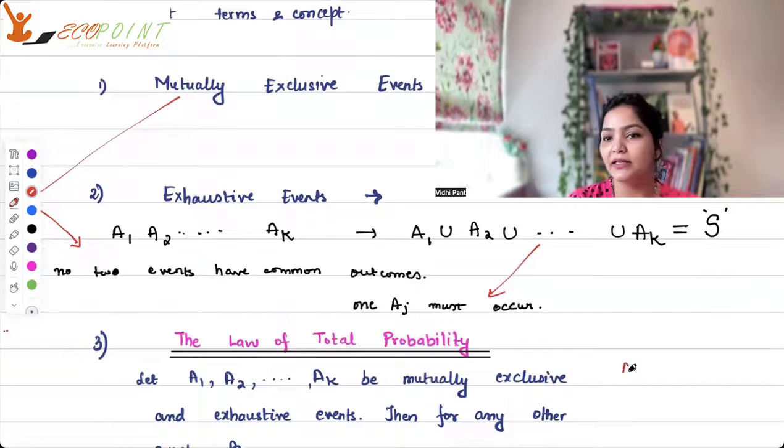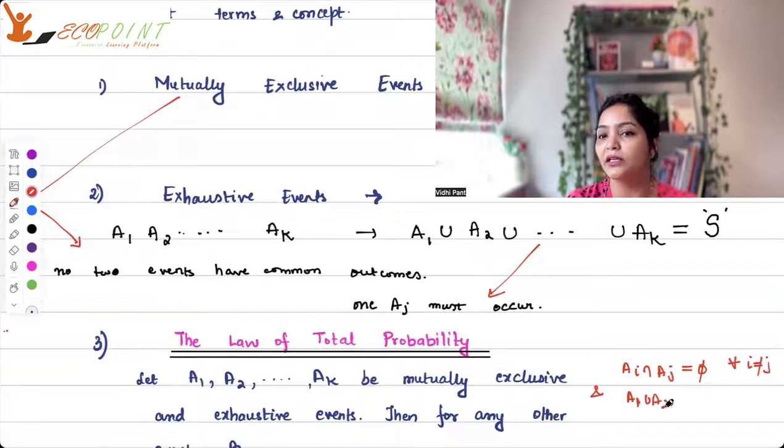It means that AI intersection AJ is equal to phi for all i not equal to j, and the union A1 union A2 till AK is equal to the entire sample space. There is nothing apart from this in the sample space.